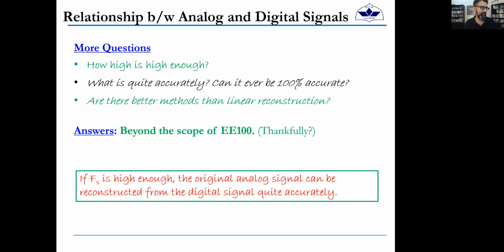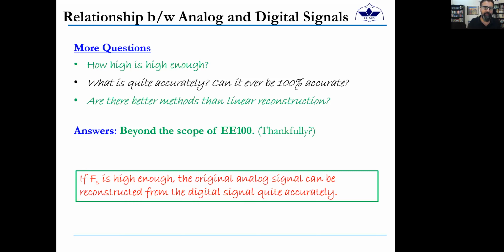It was formalized in the 1930s or 1940s, but it originally started out in the 1920s or 1930s, and people were able to develop that mathematical theory to identify what is high enough. How high does it have to be for you to be able to reconstruct that signal in a 100% accurate fashion?